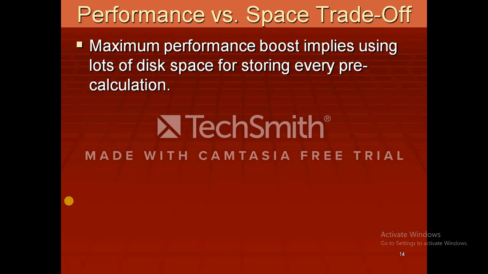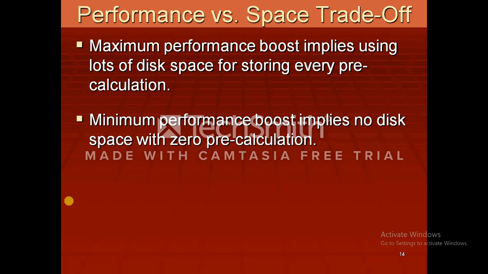It means that you will need more storage space so that you can calculate all the pre-aggregated results from the data and store them inside a data warehouse. But minimum performance boost implies no disk space with zero pre-calculation.